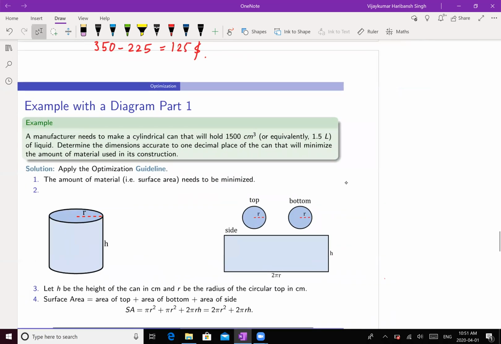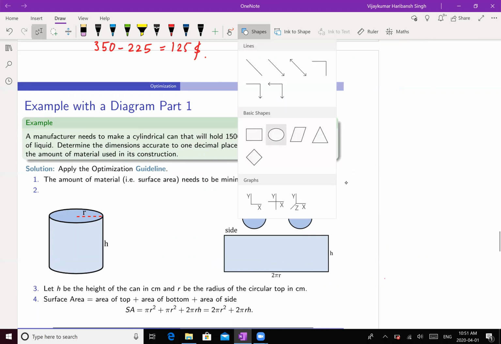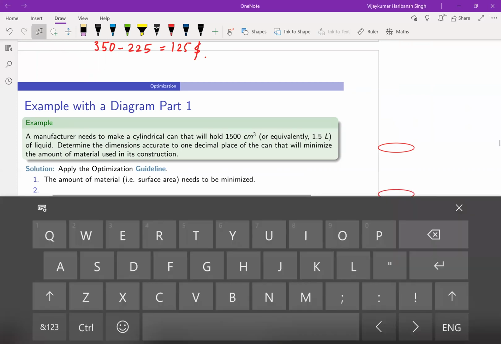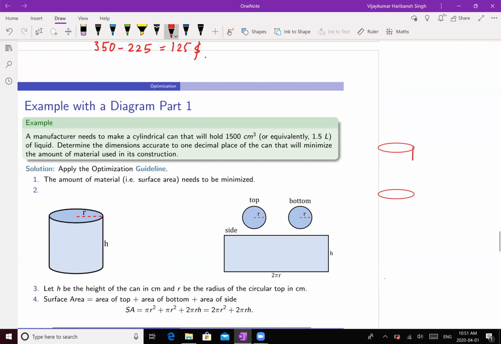So first of all, what we'll do is draw a cylinder, right? So let's draw a cylinder. Now this is the cylinder.